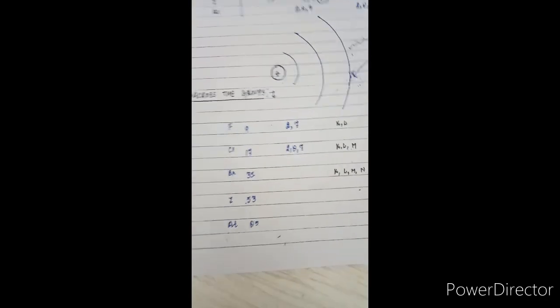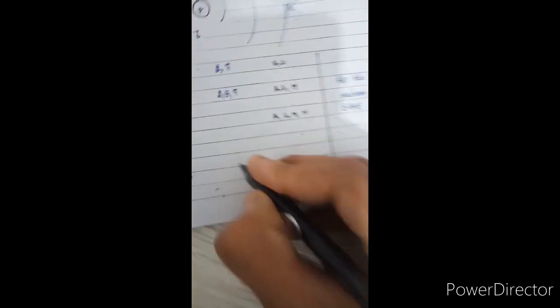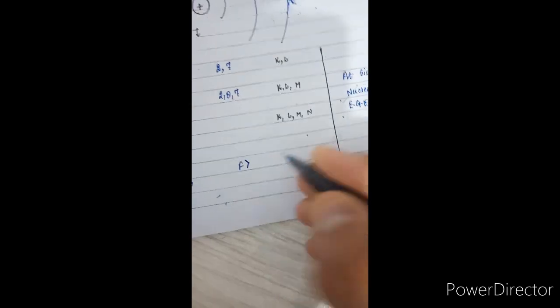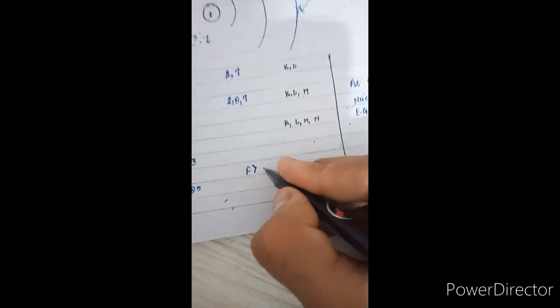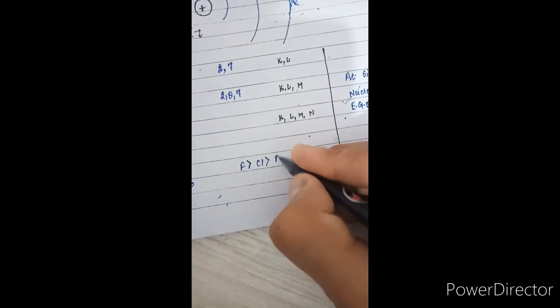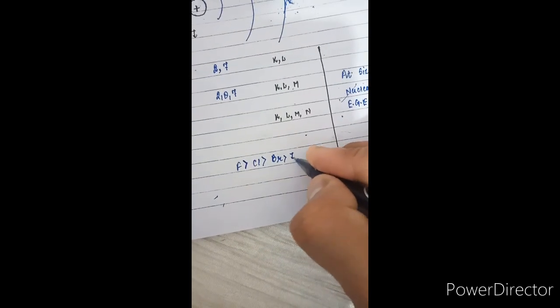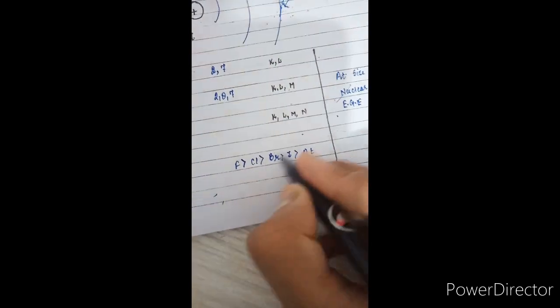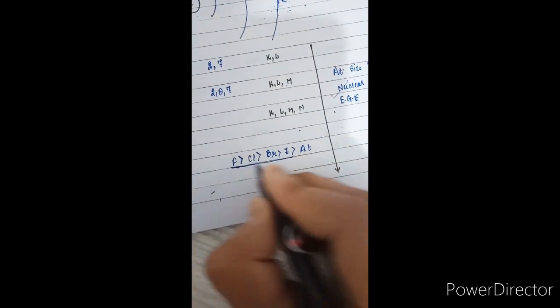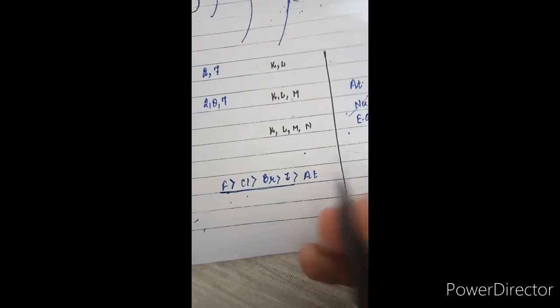According to this concept, the order should be: fluorine with the highest electron gain enthalpy, then chlorine, then bromine, then iodine, and then astatine. Or we can include just these four elements, especially fluorine, chlorine, bromine, iodine.